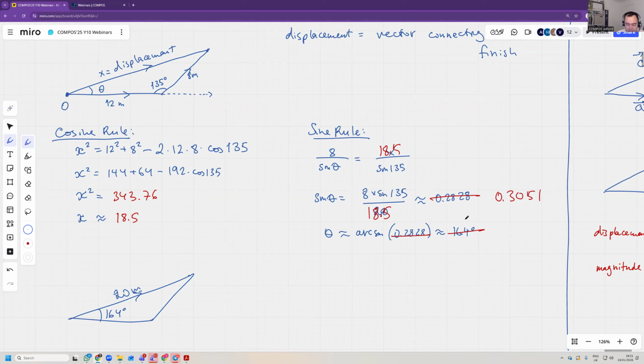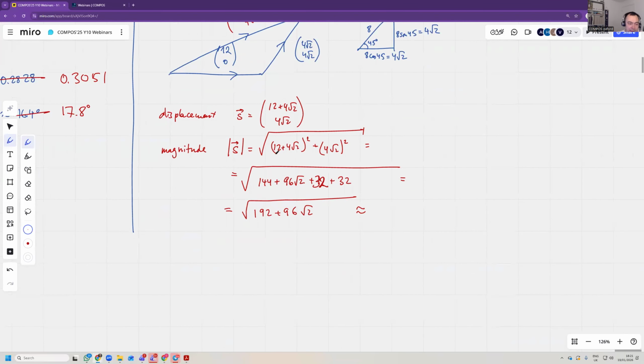And the inverse sine of that is 17.8 degrees. Okay, so that's 17.8 degrees, and this is 18.5 meters. Okay, and this is also 18.5 meters.